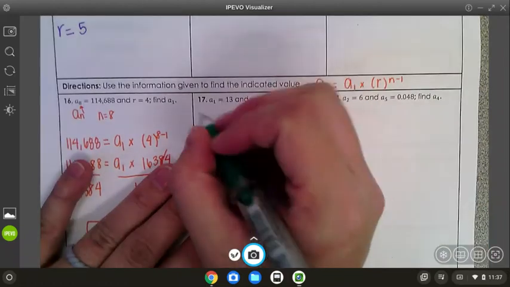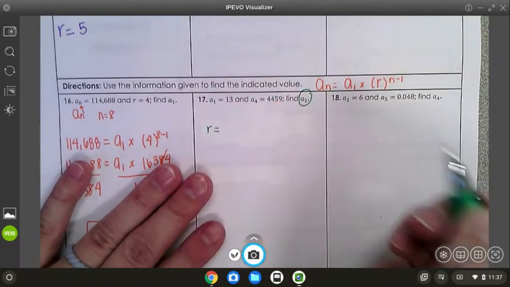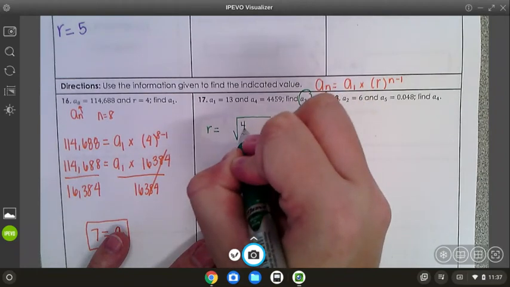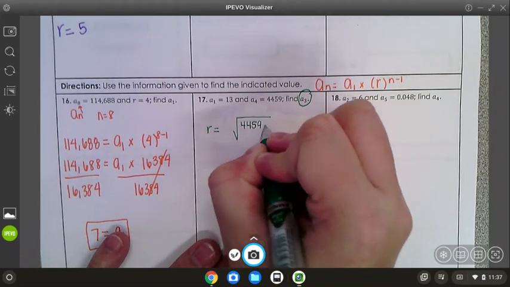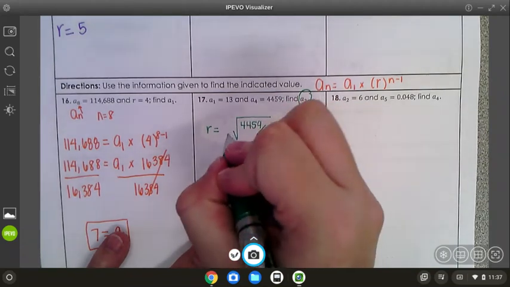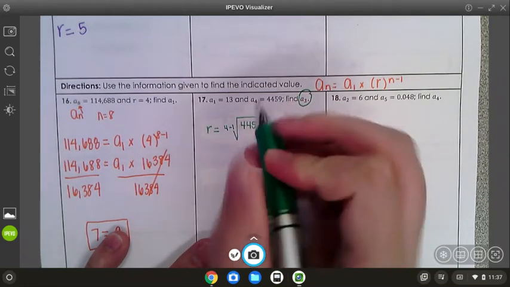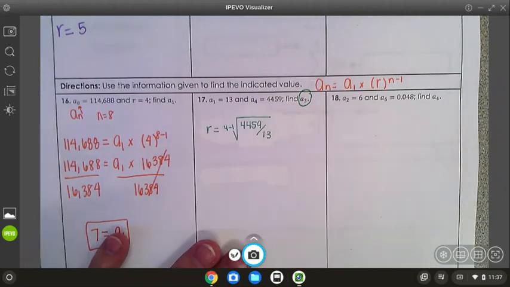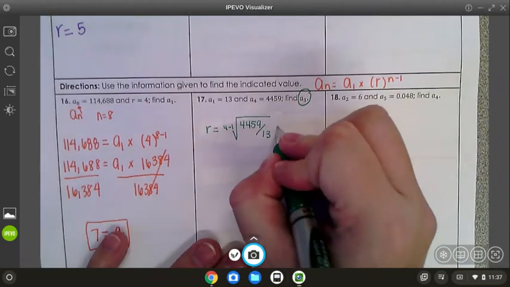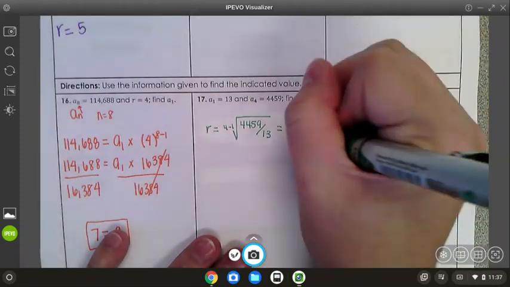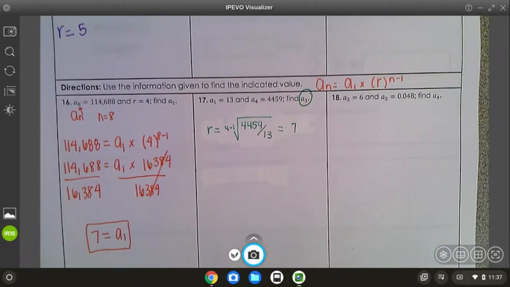So my common ratio, we're going to take 4,459 divided by 13 under the root. Now the root that we're going to use is going to be the third root, because 4 minus 1 is 3. So if you type this into your calculator, you're going to get 7.